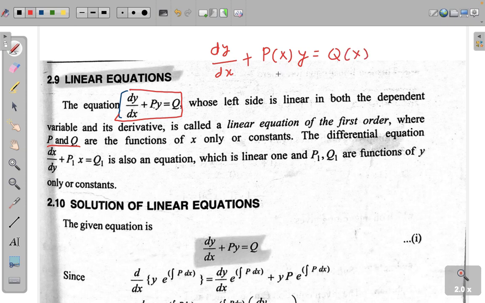Px means p is a function of x only, means px cannot be like e to the power xy because e to the power xy has y also. ठीक है, px में केवल x, कोई ऐसा एक्सप्रेशन होना चाहिए, कोई ऐसा फंक्शन होना चाहिए जिसमें केवल x हो या फिर कांस्टेंट हो. So p can also be 5, p can be 5 by 3, p can be e to the power x, p can be sin x, like this. Similarly qx is a function of x alone.